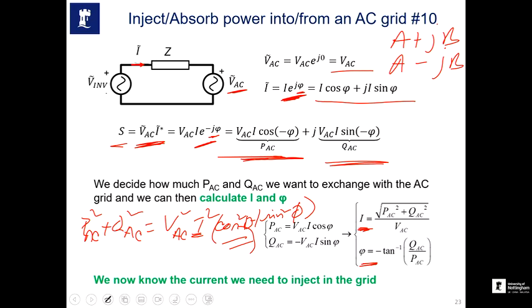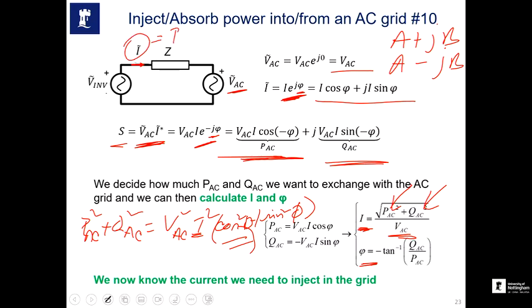Okay, so it means if you know the real power you want in the system, if you know the reactive power you want in the system, and if you know your AC voltage, which is normally, as I said, fixed, because the grid voltage is always fixed around 240 volt RMS, you can calculate what's the current. Because we want to calculate this, right?